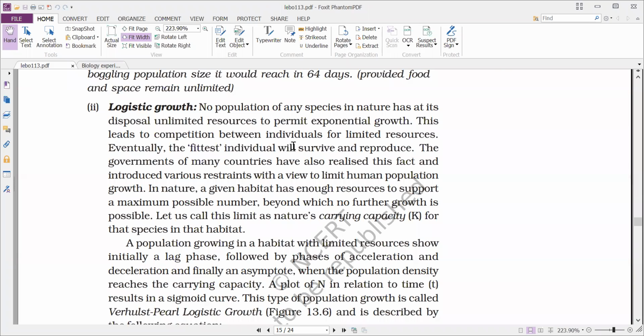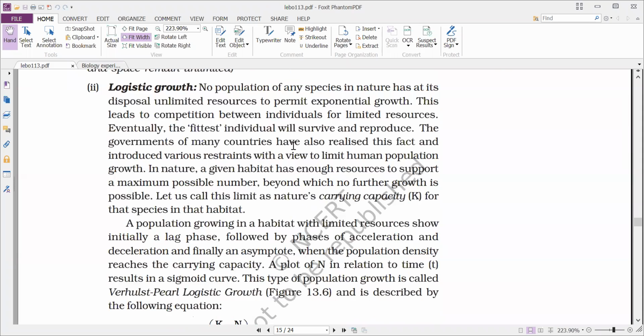And next coming to our topic, that is logistic growth. In the last class we have discussed exponential growth. Exponential growth occurs when the resources are unlimited and there are no restraints, that means no opposing factors.